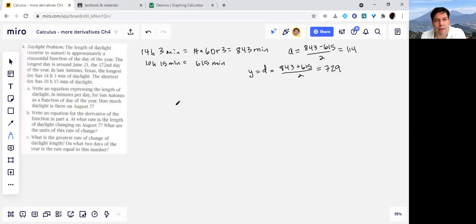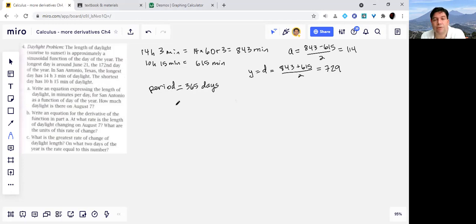Okay, the period, well, the independent variable here is the day of the year. So they're telling us on June 21st, that's the 172nd day of the year. So the period is how often this repeats. Of course, it repeats every year. So the period is 365 days.